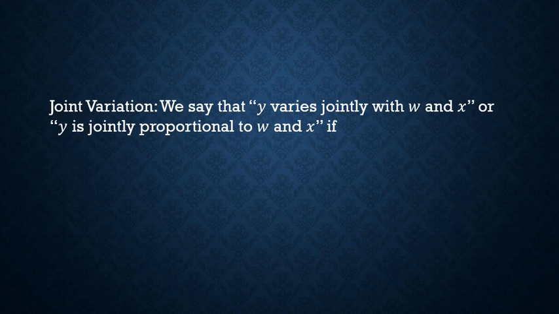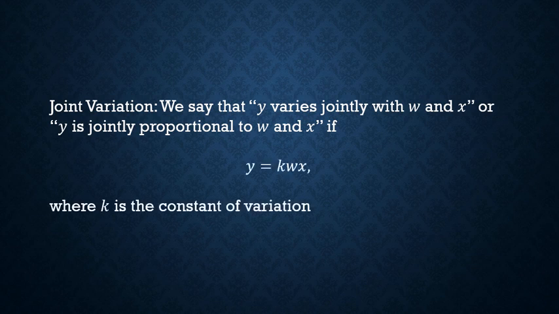And then we had that third case where we could have three or more things varying with each other. So this is an example of joint variation. We say that y varies jointly with w and x, or we say that y is jointly proportional to w and x if y is equal to k times w times x, where k is, again, that constant of variation.